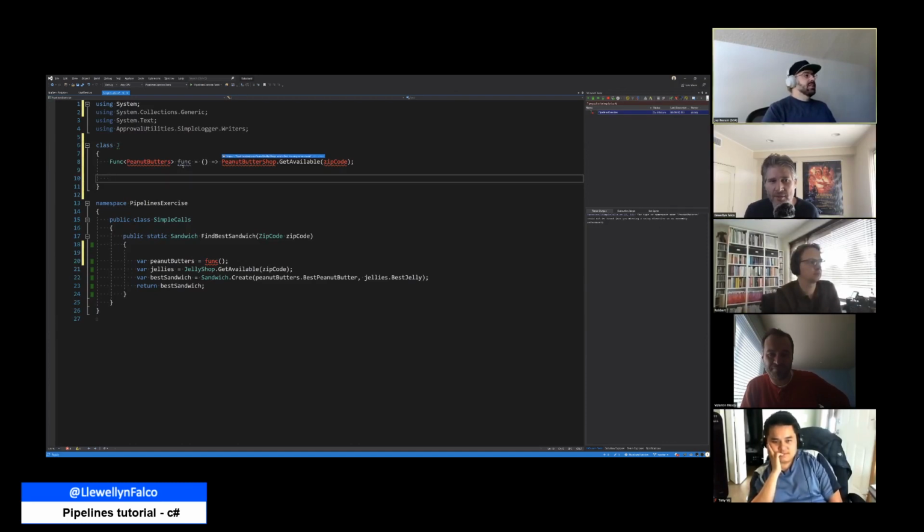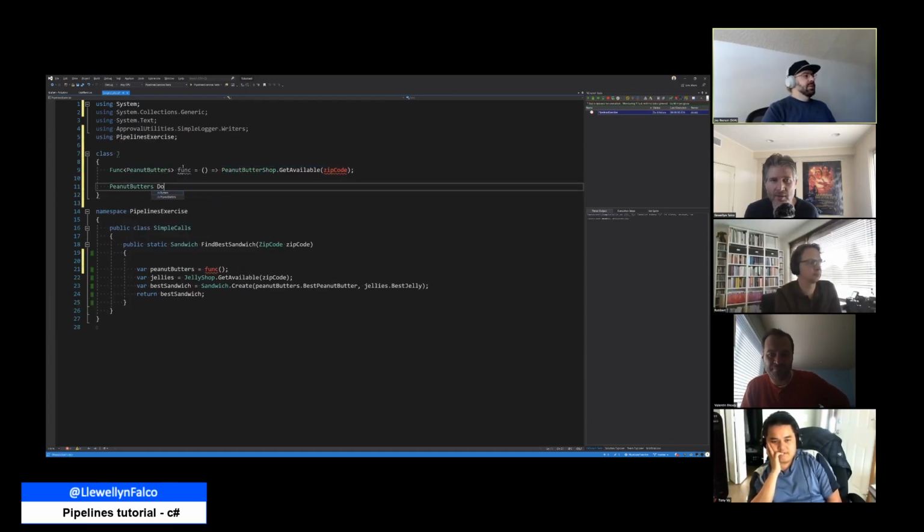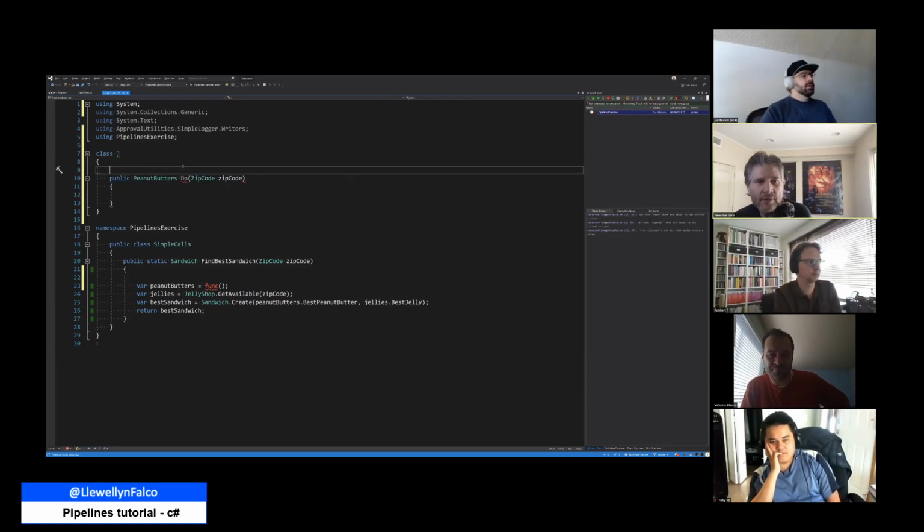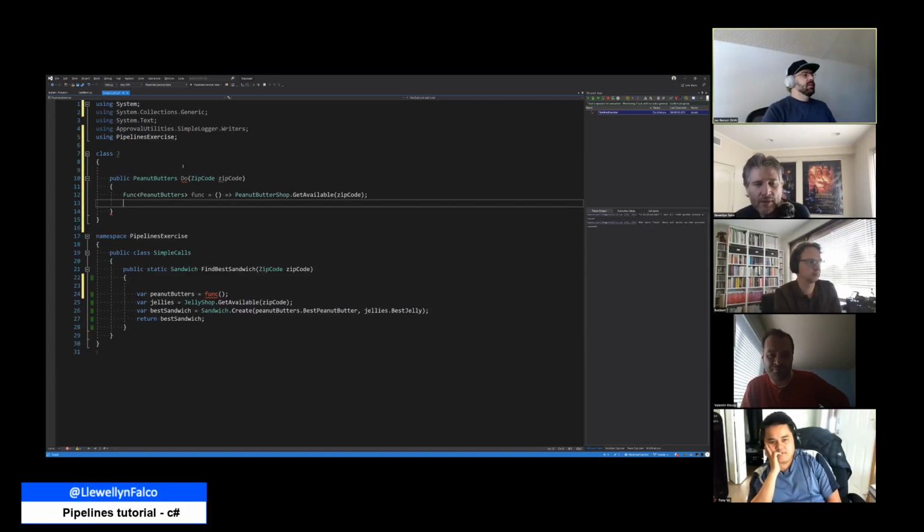All right. That returns a peanut butter, and I'm going to make a function called do. It's going to take the zip code. I'm going to put this in here for now, and then down here I'm going to make a Func.